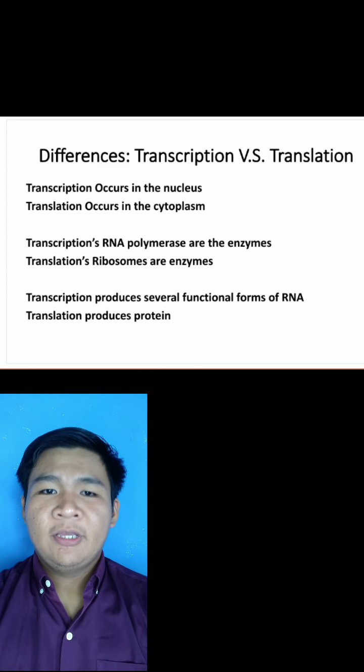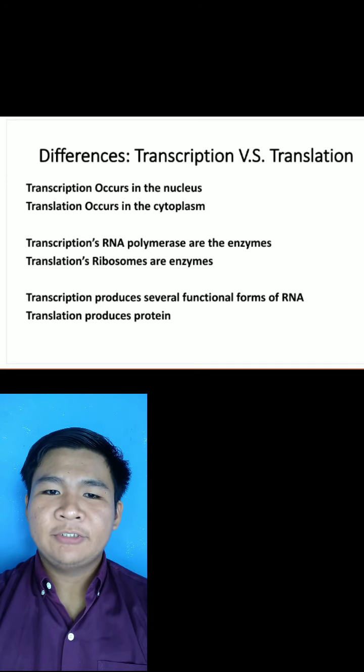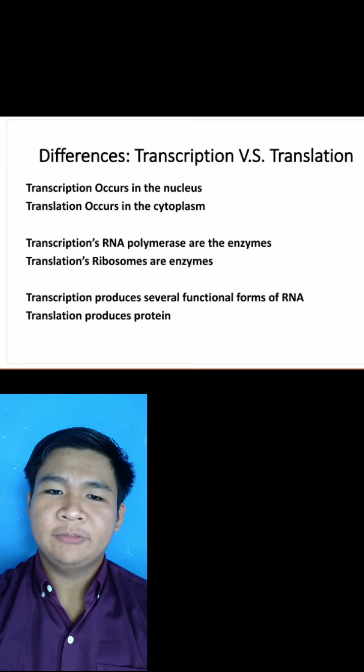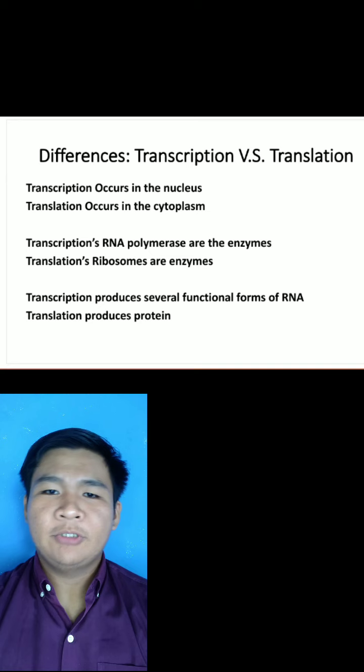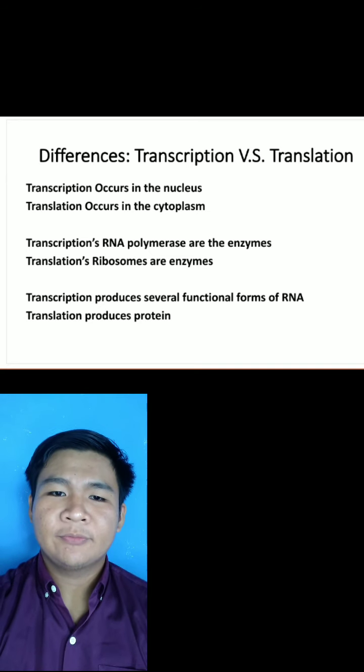Next, transcription occurs in the nucleus, while translation occurs in the cytoplasm. Next, in transcription, RNA polymerases are the enzymes, while in translation, ribosomes are the enzymes.